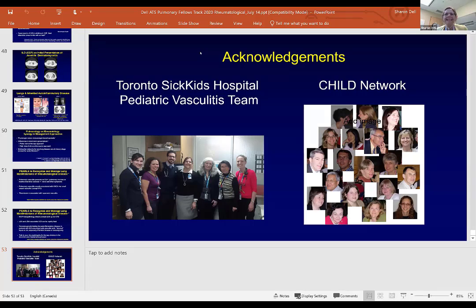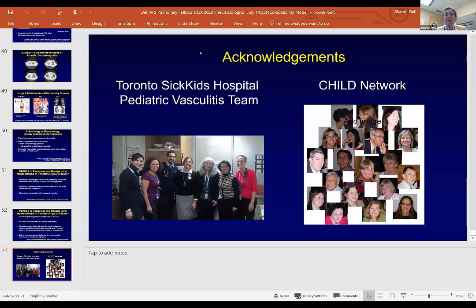Should you repeat CT scans? Well, there are 2 reasons to repeat CT scans. With pulmonary capillaritis syndromes, the CT scans are pretty sensitive at showing you if there is bleeding in the lungs. You'll see ground glass opacification.